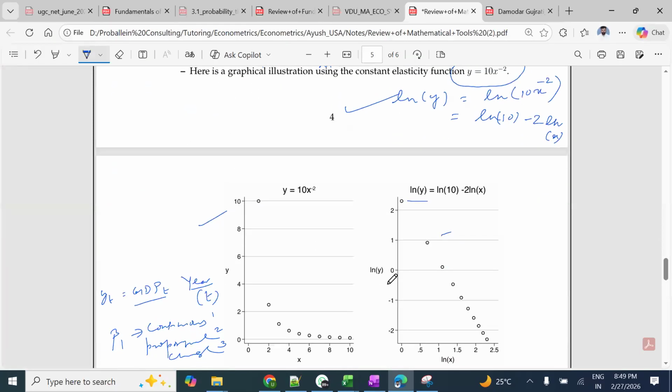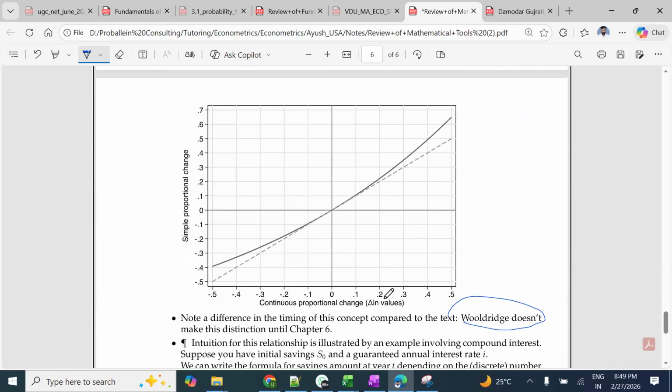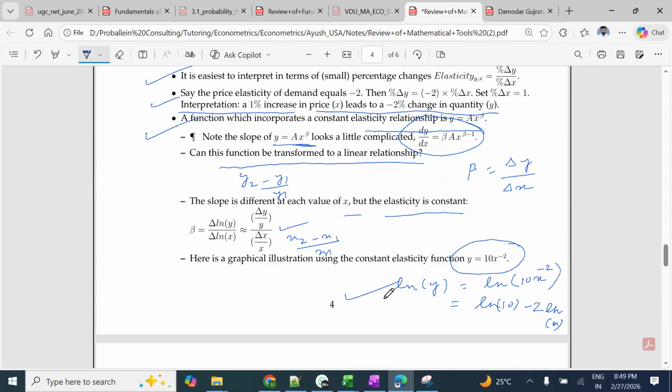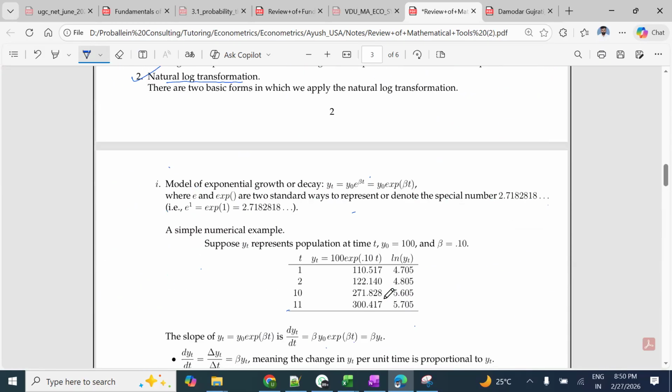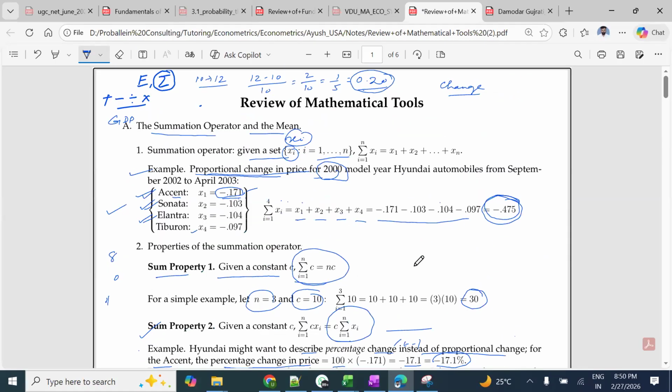This one I have not done. This one also is not very important. But since we have already completed review of mathematical tools, there is one assignment based on this, so when we solve that assignment, it will be much easier.